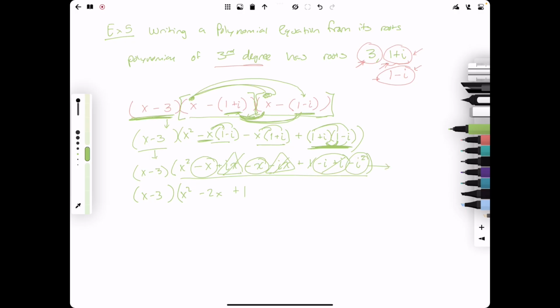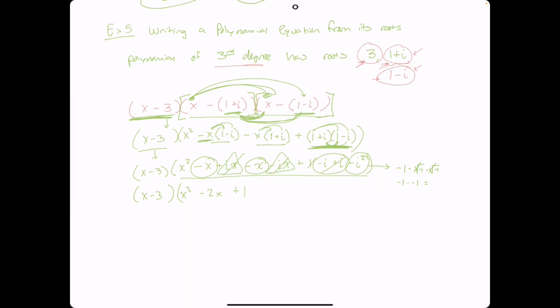What does negative i squared equal? I squared equals negative 1, because it was the square root of negative 1 times the square root of negative 1, and square root times square root gets rid of itself. So I took the negative out front, that's the negative here.